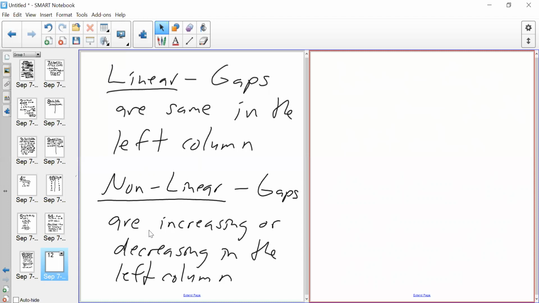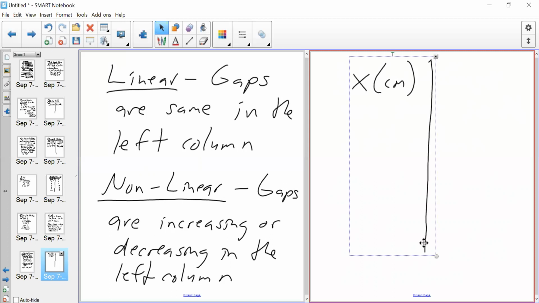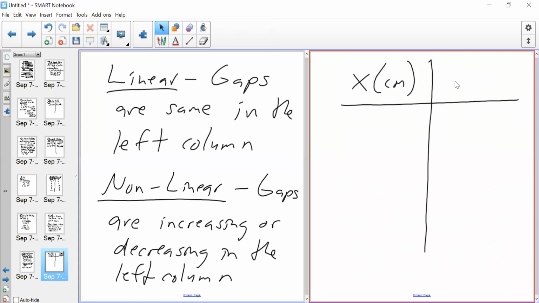That's the long and short of it. I can give a few examples now. We just have one example of linear data. Let's say I have a data table with the position in centimeters and then time in seconds, or XT, a position-time data table to produce a position-time graph.